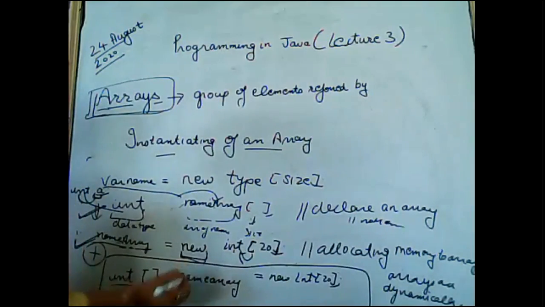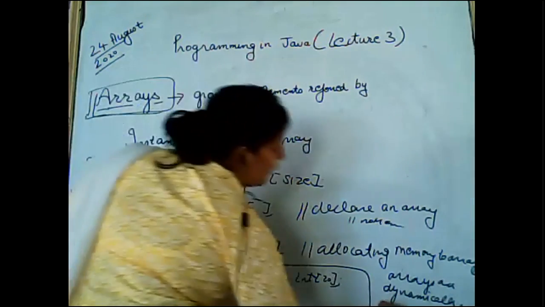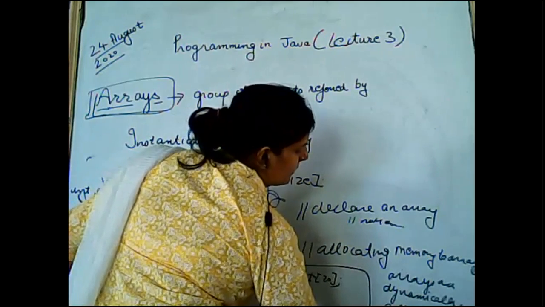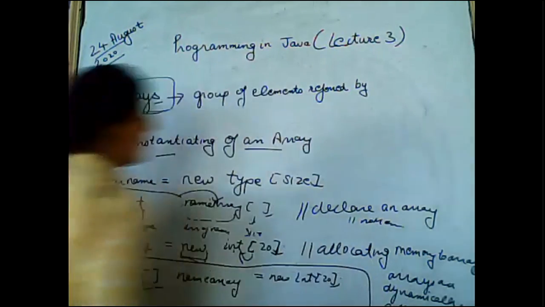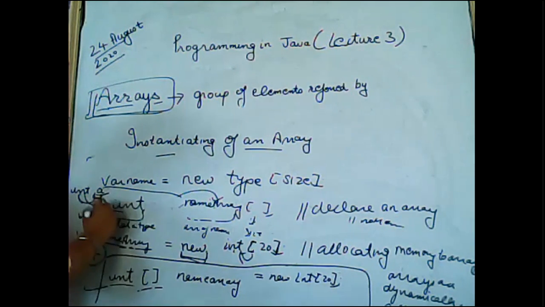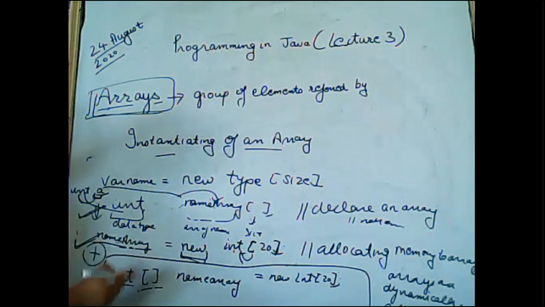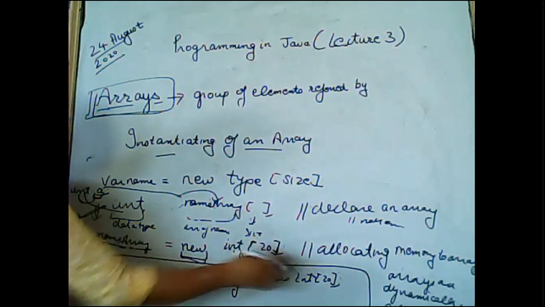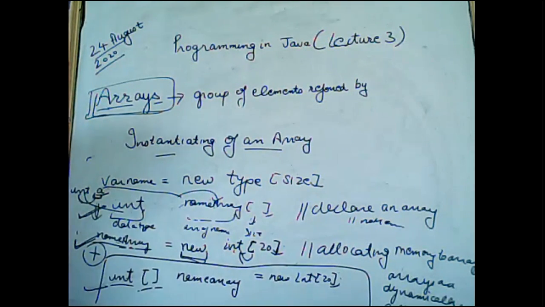Sometimes in the exam there is a question: justify the statement how arrays are dynamically allocated. So you just refer to this statement, or the above two statements. Every time an array object is created, memory will be allocated. Is it fine? If you are satisfied, kindly raise your hand so that I can proceed further.